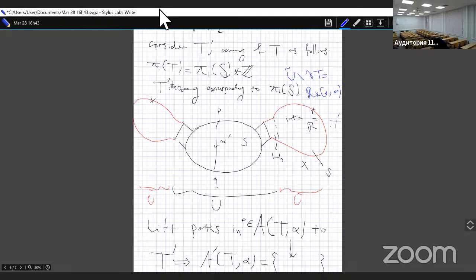Let's see if I can prove something. I just wrote here by hyperbolic geometry. I don't know what it means. Maybe there is something.